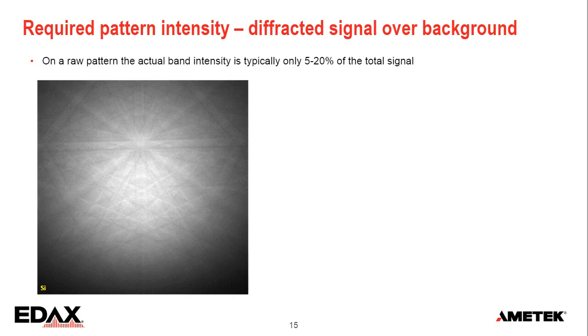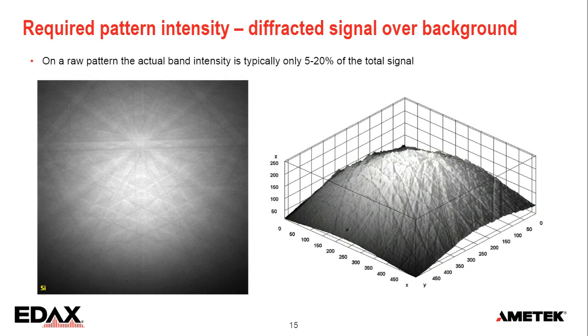And here's one from silicon. You can see the brightness in the middle. There we can see the bands very nicely, and towards the corners it gets a lot darker. And when I look at a three-dimensional plot of that, we don't have the spikes. It's a very smooth intensity gradient, and the bands are like painted on top of this intensity gradient.